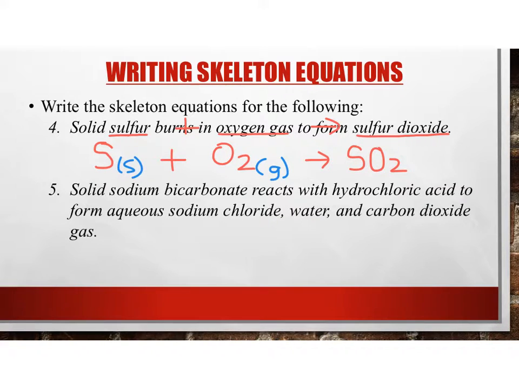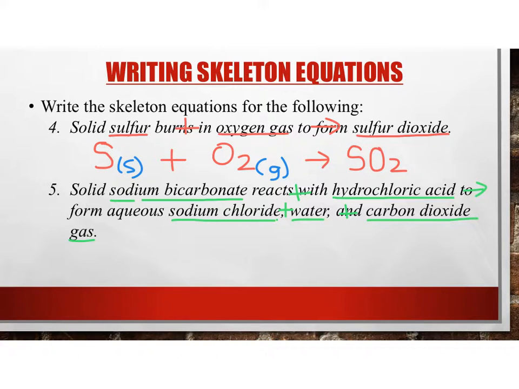And then our last example tells us we have some solid sodium bicarbonate reacting with hydrochloric acid to form aqueous sodium chloride, some water, so this is a plus, water, and carbon dioxide gas.